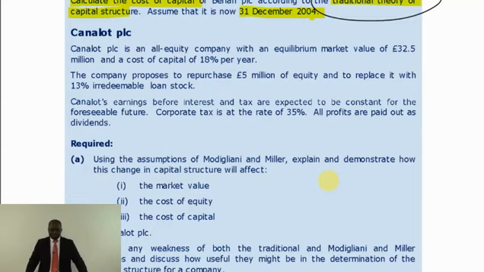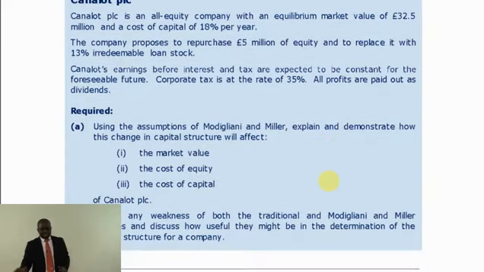Canalot earnings before interest and tax are expected to be constant for the foreseeable future. Corporate tax is at the rate of 35%. All profit are paid out as dividend. Using the assumptions of Modigliani and Miller, explain and demonstrate how this change in capital structure will affect the market value, cost of equity, and the cost of capital. Explain any weaknesses of both the traditional and Modigliani and Miller theories, and discuss how useful they might be in the determination of the capital structure for the company.